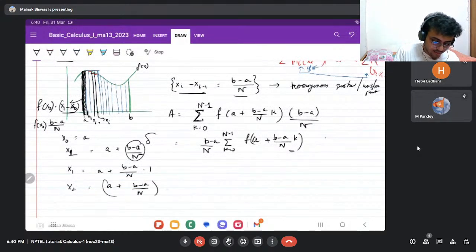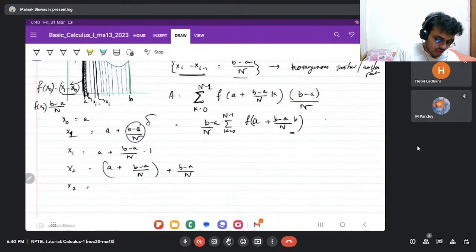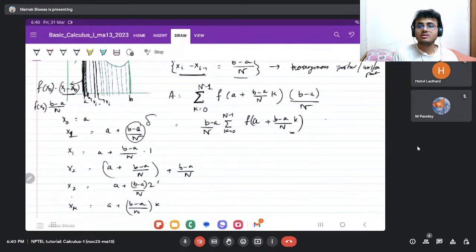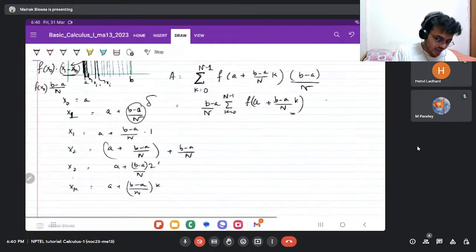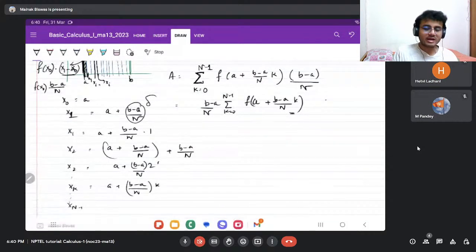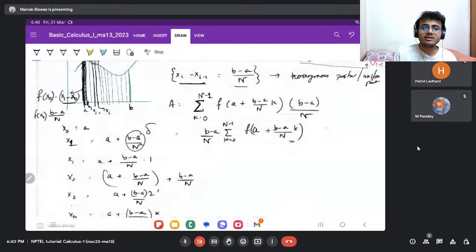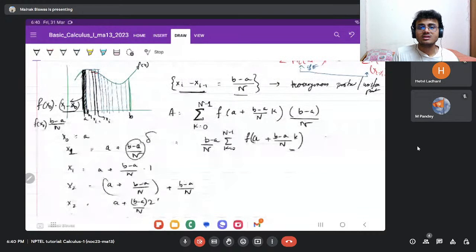Similarly, x2 is x1 plus (b minus a) by n, so x2 is a plus 2 into (b minus a) by n. Similarly, xk is a plus (b minus a) by n into k, right? And we'll be going all the way to x_(n minus 1). Agreed? We'll be taking n rectangles to approximate this area. Are you with me till this point?